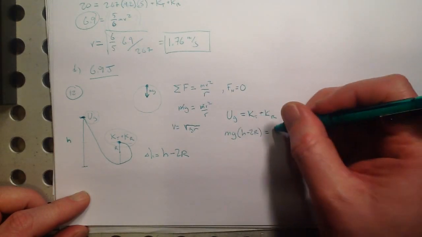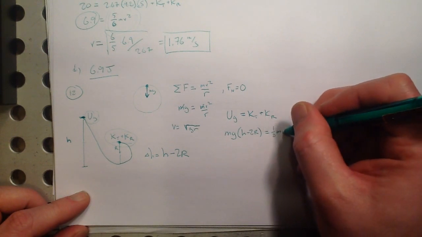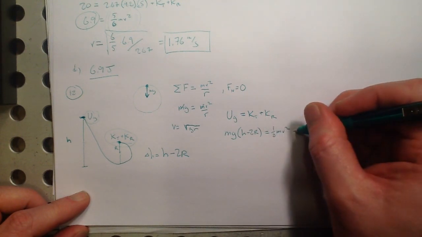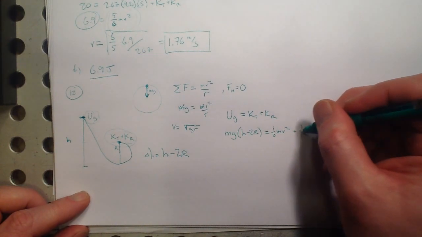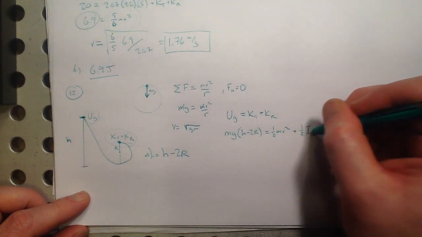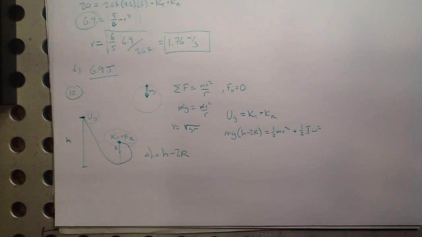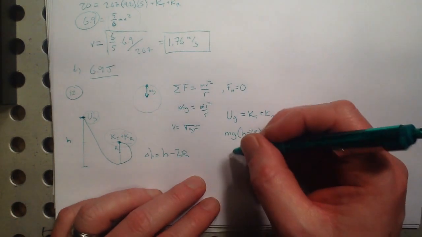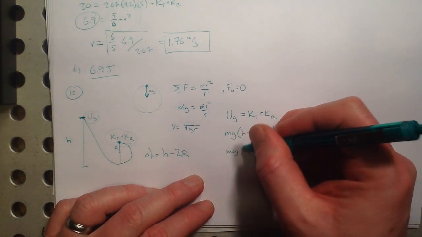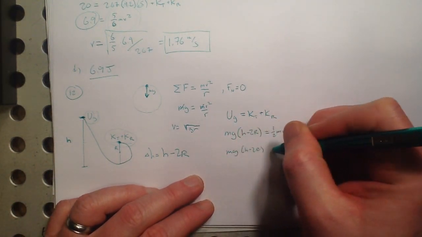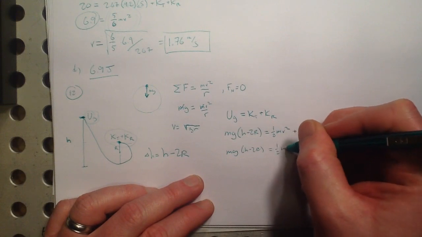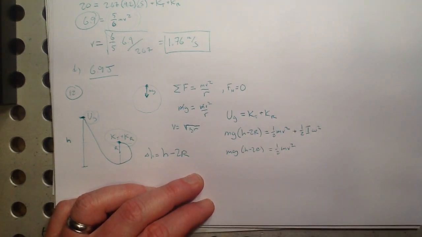That's equal to translational 1/2 mv squared plus rotational 1/2 I omega squared. Okay? Let's see, before I start plugging numbers in, let me just try to clean this up some. mg times (h minus 2R) is equal to 1/2 mv squared. I know a lot of these things now, right?